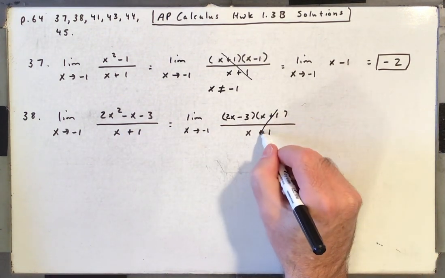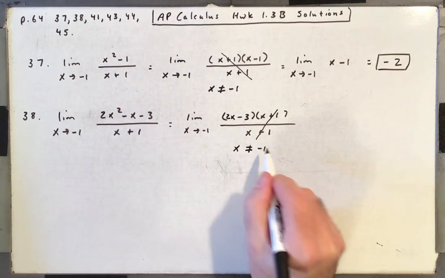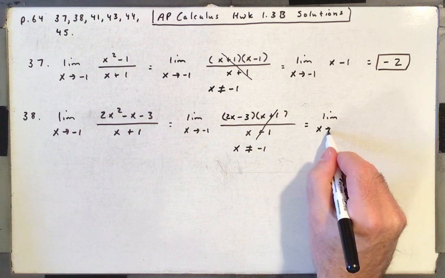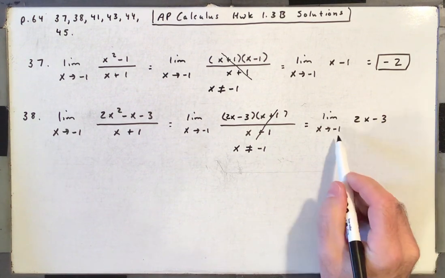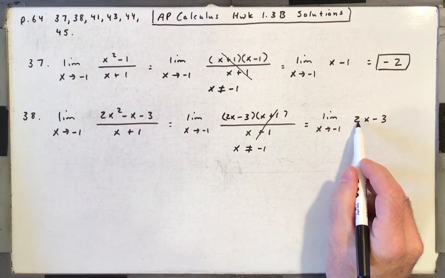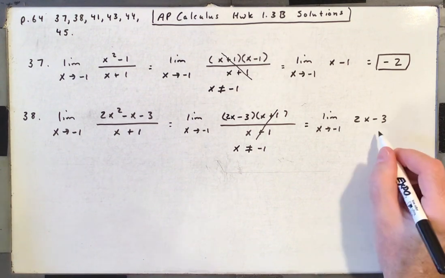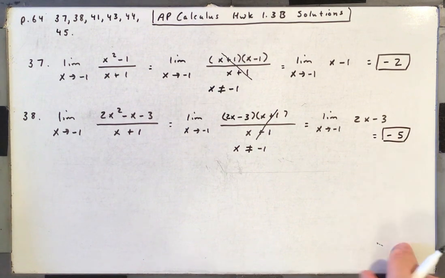So we can cross out x plus 1 as long as x does not equal -1. That's the limit as x approaches -1 of 2x minus 3. We can now plug in -1, so that'd be -2 minus 3, which is -5. Boom.